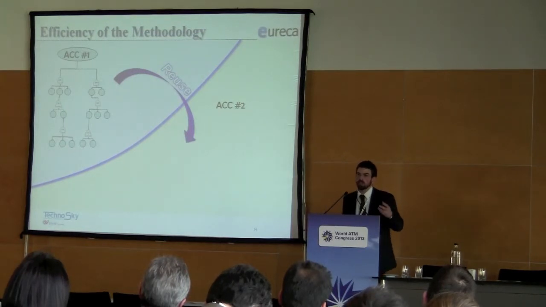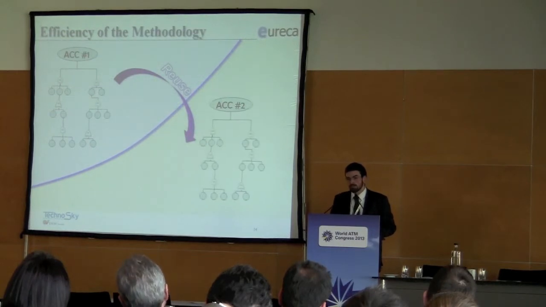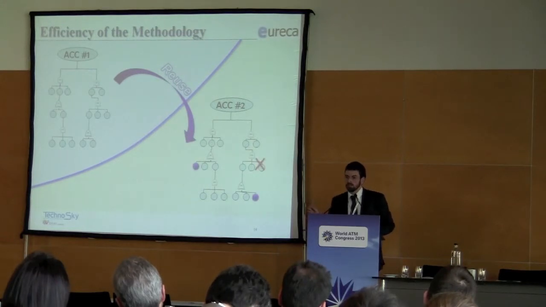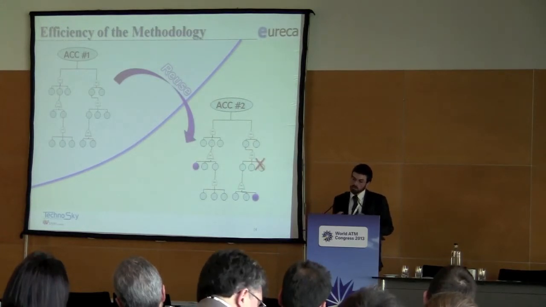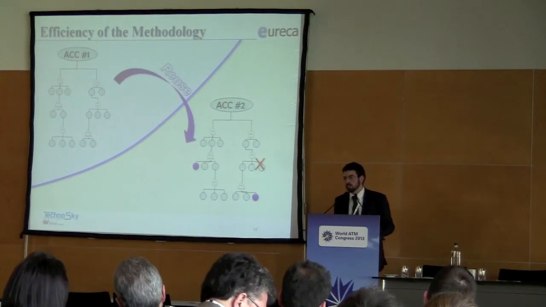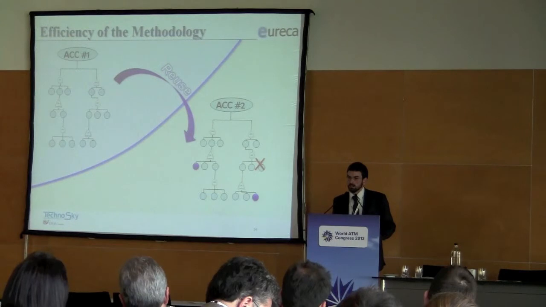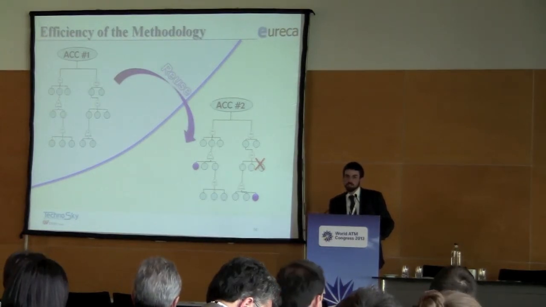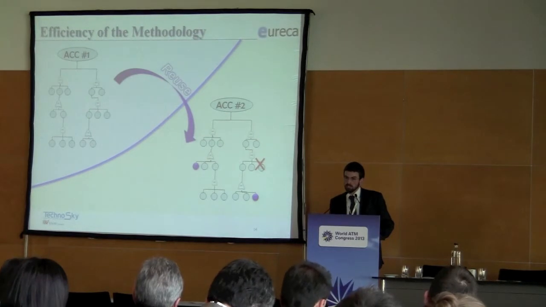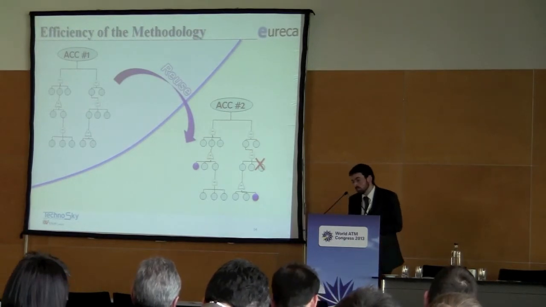The reuse of the functional trees. Because I can apply the same functional trees to the second ACC, with only minor changes. So we are able to save a lot of man-days because the functional trees are like a model, not only an assessment of the airport or of the ACC. This is another important result.